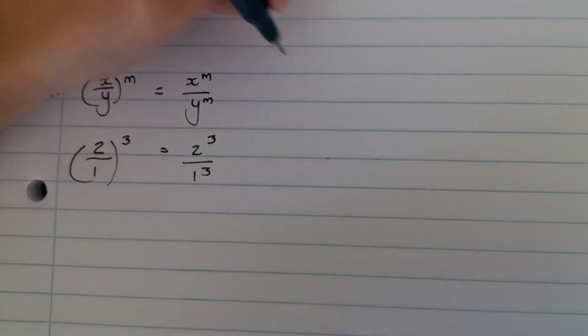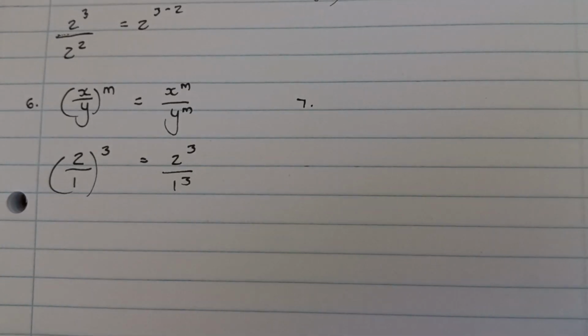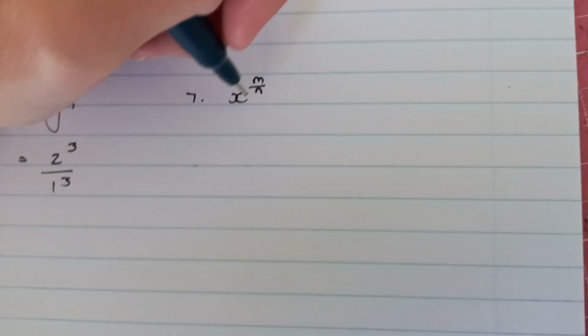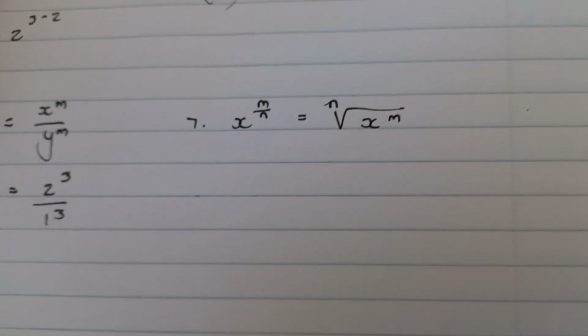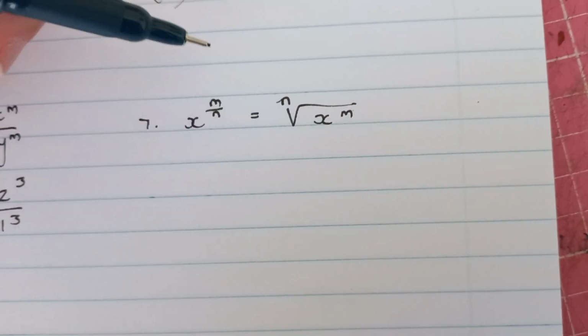If we had to do number 7, okay, 7 is x to the power of m over n. Okay, it becomes a root, so it'll be the nth root of x to the m. Okay, and if you see anything like this, you can always do the reverse for any of these.